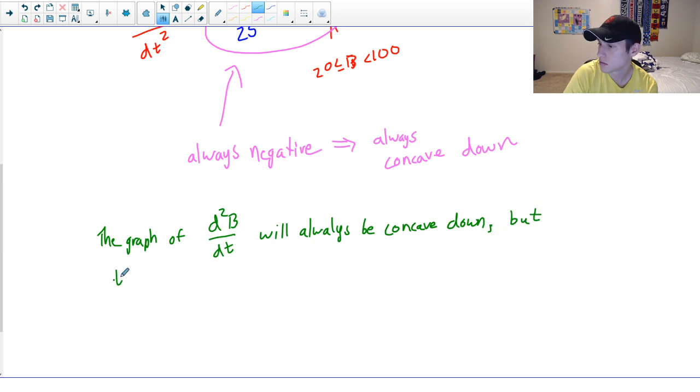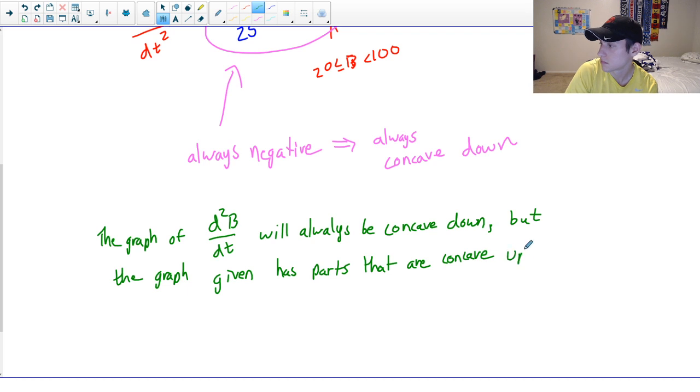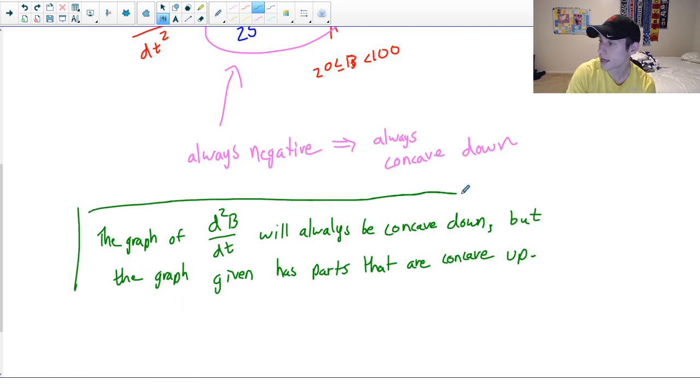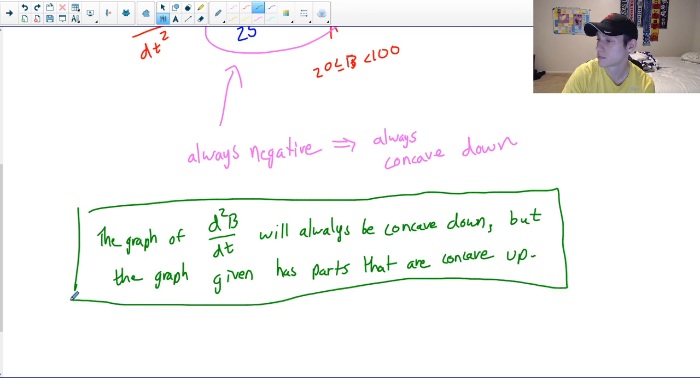But the graph given to us has portions that are concave up. So it can't be that that's actually the graph for the second derivative. It just doesn't fit.